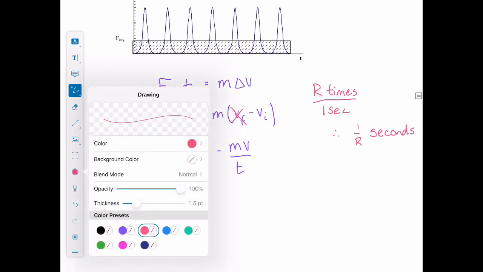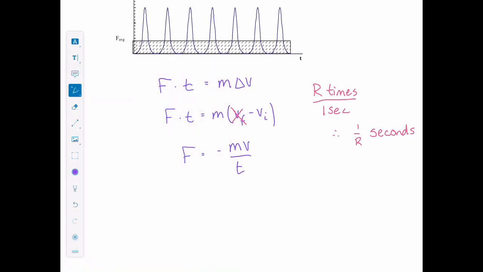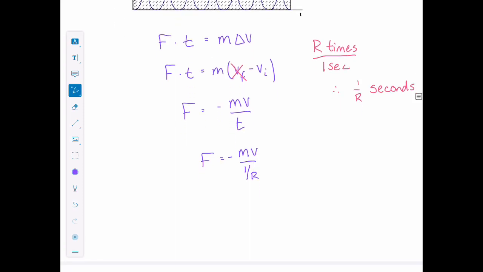If it's 2 per second, it's half a second per 1. So t is equal to 1 over r. So if I plug that in, I can say that the force is therefore mv over 1 over r. And then 1 over 1 over, I can flip that and say that's then just mvr.